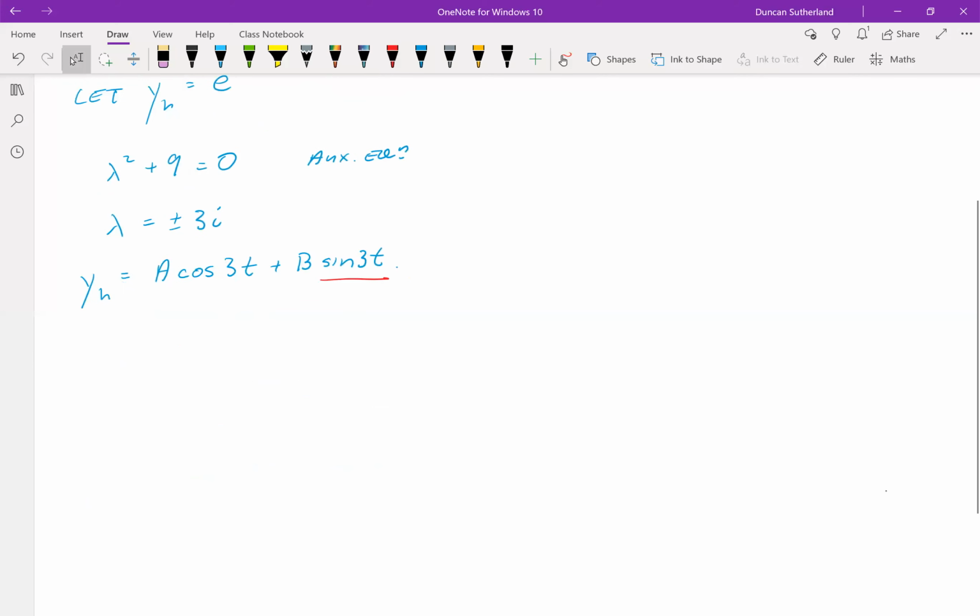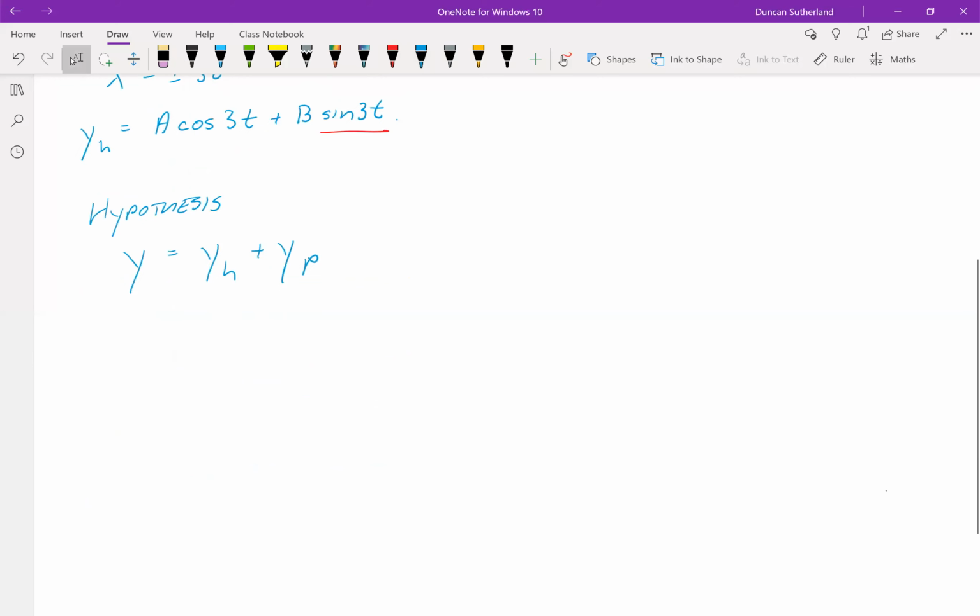In the case of resonance, we still make our usual hypothesis that y is equal to y homogeneous plus the particular part. We guess now, though, because we've got a resonance case, t times something that looks like the right-hand side.